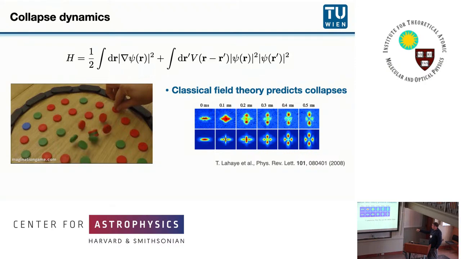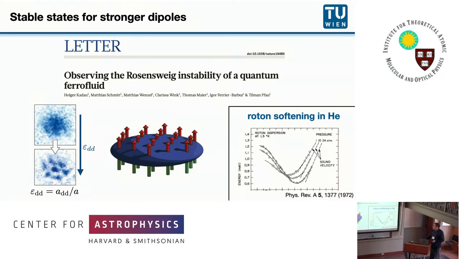And this was also seen in one of these early experiments from Stuttgart, where you see a collapse of the BEC due to the attraction of dipoles, just as you see here, and this is nicely reproduced by the Gross-Pitaevskii equation. But on the other hand, it also tells you there's not much quantum going on beyond simple mean field effects. And this has changed.